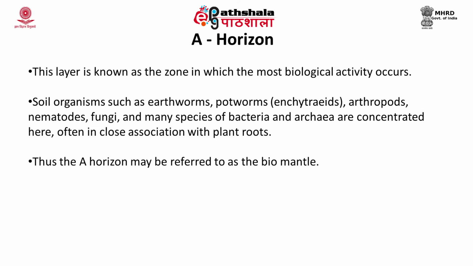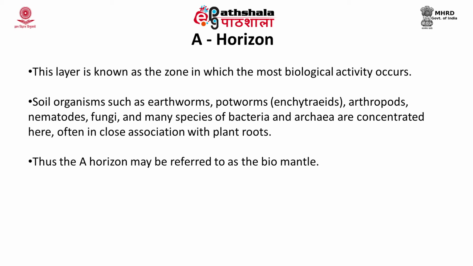This layer is known as the zone in which the most biological activity occurs. Soil organisms such as earthworms, arthropods, nematodes, fungi, etc., and many species of bacteria and archaea are concentrated here, often in close association with plant roots. Thus, the A horizon may be referred to as the biomantle. However, since biological activity extends far deeper into the soil, it cannot be used as a chief distinguishing feature of an A horizon.